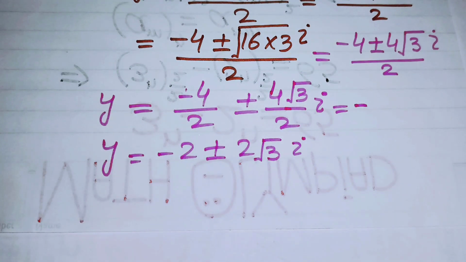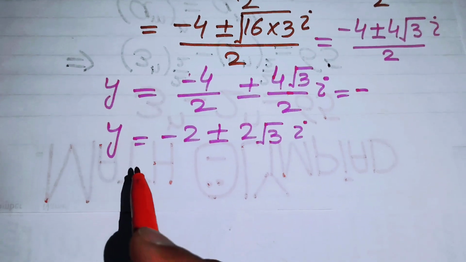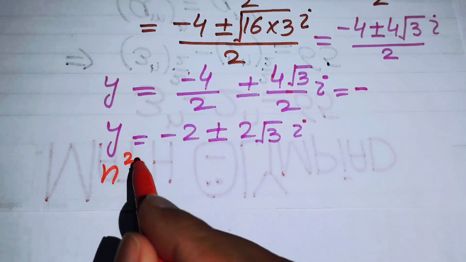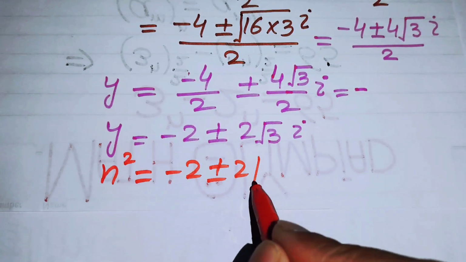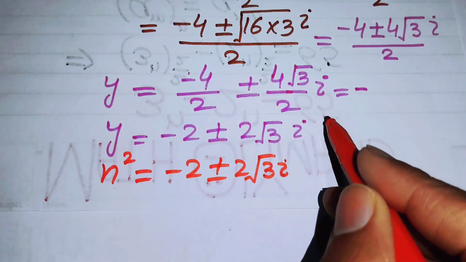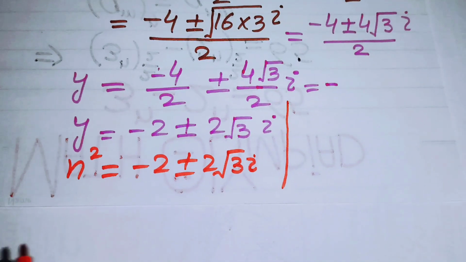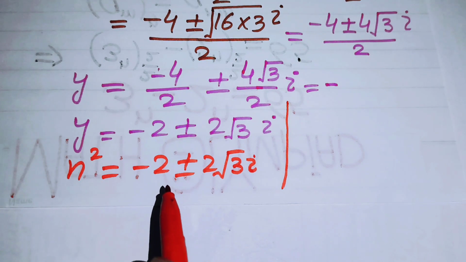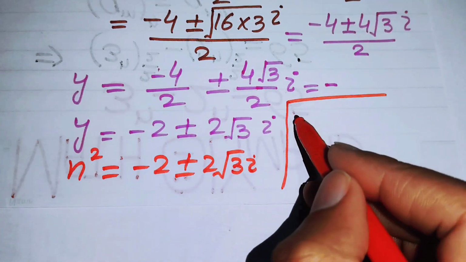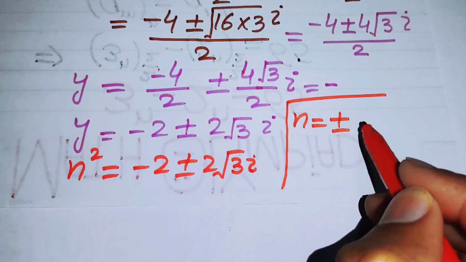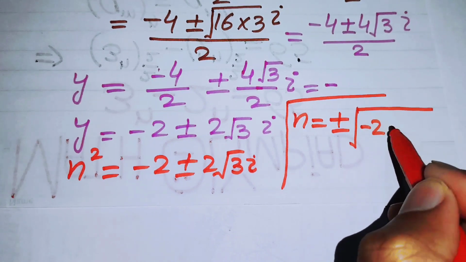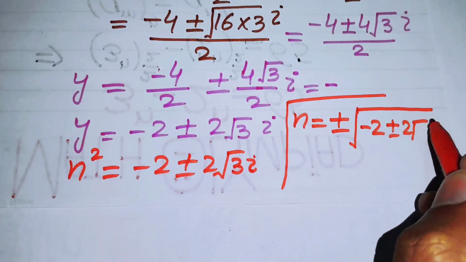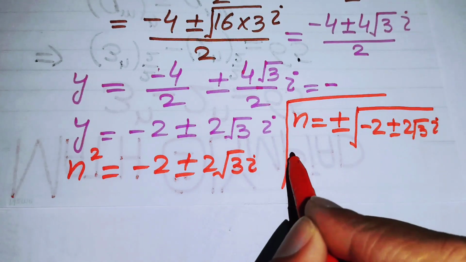Now we will back substitute the value of y. At the start of the problem we put y equals n squared, so it becomes n squared equals minus 2 plus minus 2 times square root of 3 iota. In the next step we take the square root on both sides, and we obtain n equals plus minus square root of minus 2 plus minus 2 times square root of 3 iota.